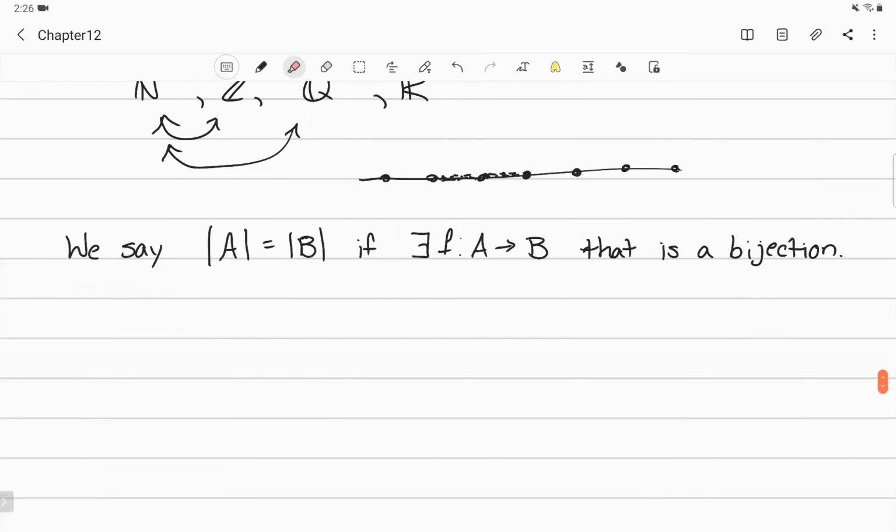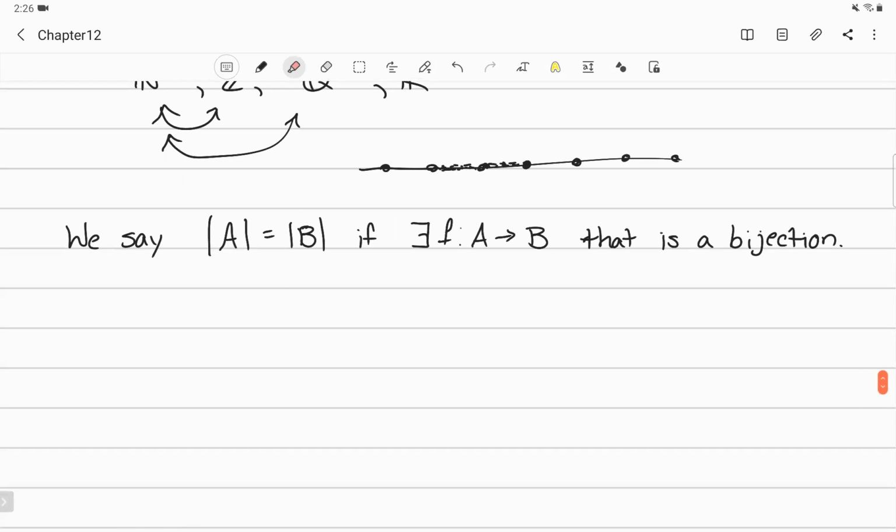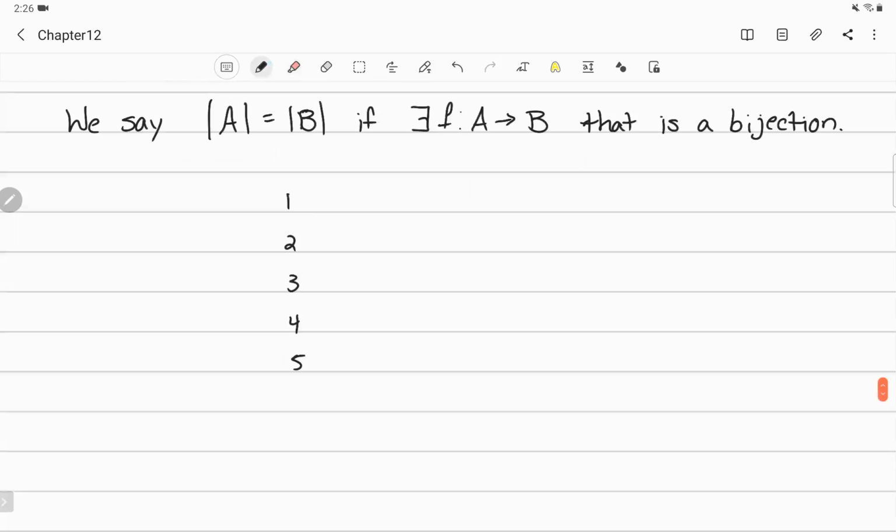All right. So here's how you can show the natural numbers and the integers have the same cardinality. Let's put the natural numbers as a list going down. What I'm going to do with the integers is take them and fold them in half at 0 and interlace them.